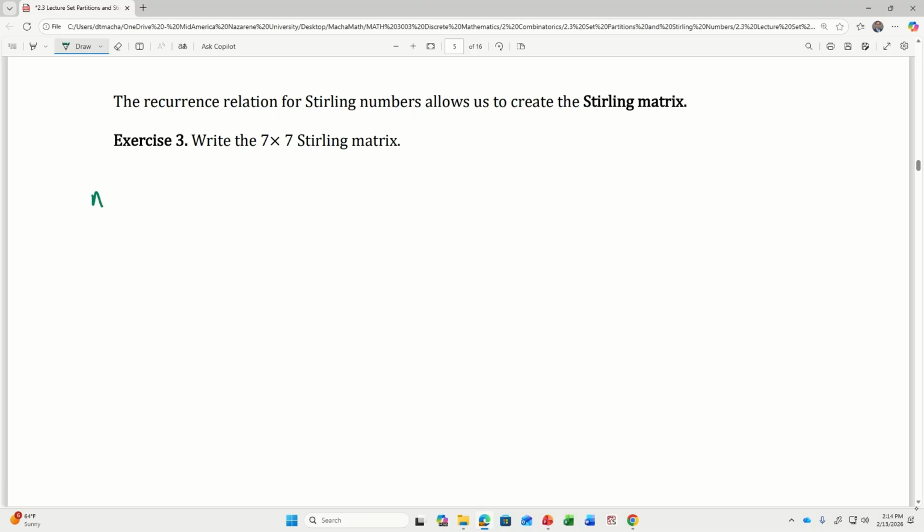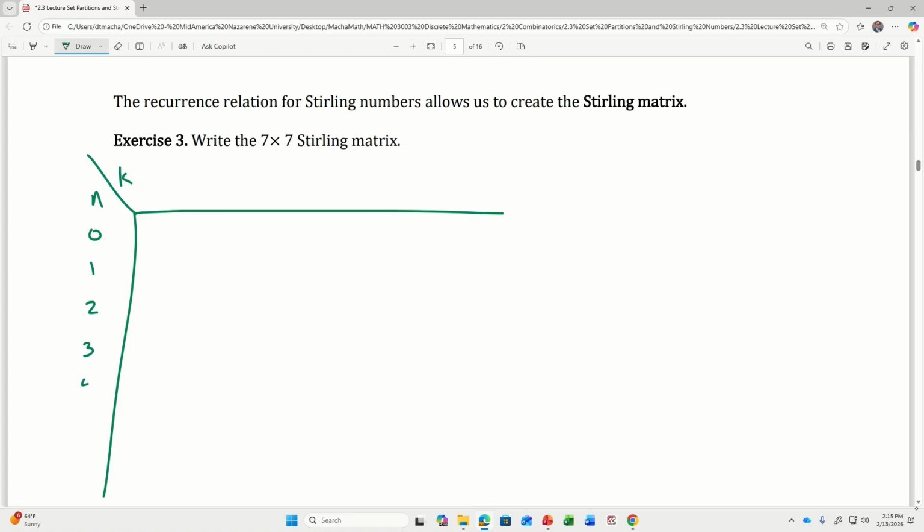And in a Stirling matrix, we're going to have n's and k's, where let's say n is 0, 1, 2, 3, 4, 5, 6, 7, and k gets to be 0, 1, 2, 3, 4, 5, 6, 7.